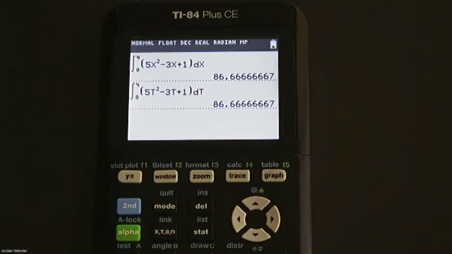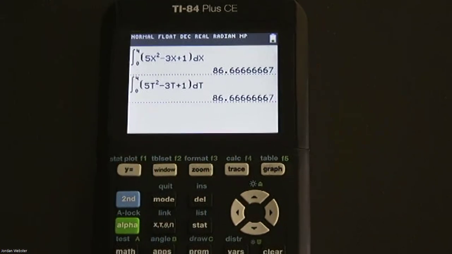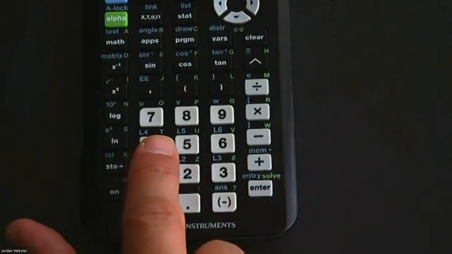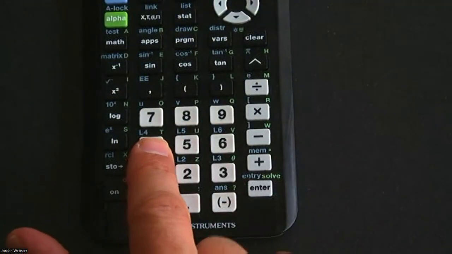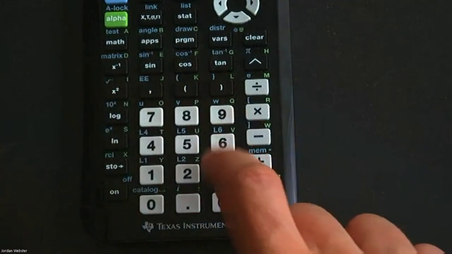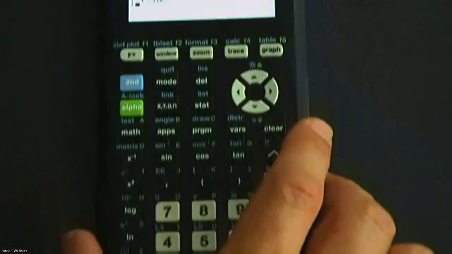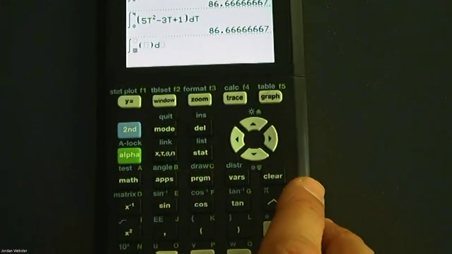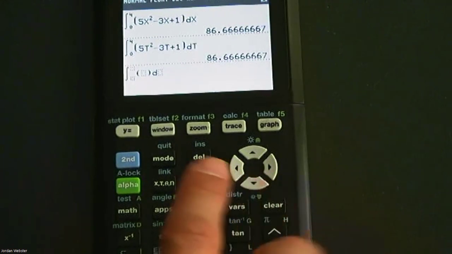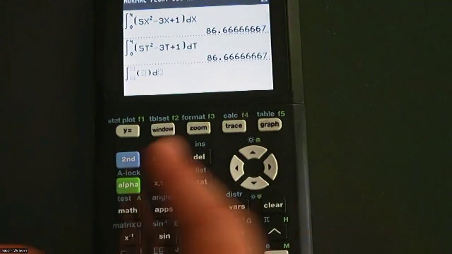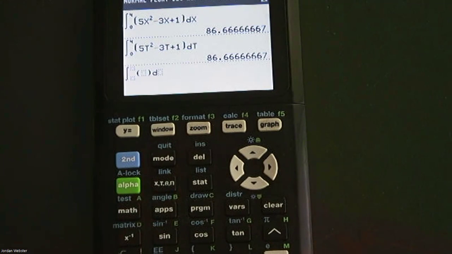Okay. So whichever one you want to do is perfectly fine. You can also utilize the letter T if you want, but I tend not to do that. I think that's harder to deal with than just hitting a variable key. But if you want to do that, you can.